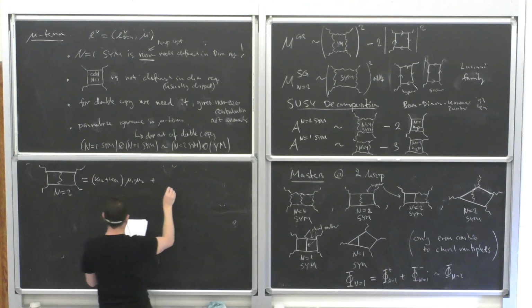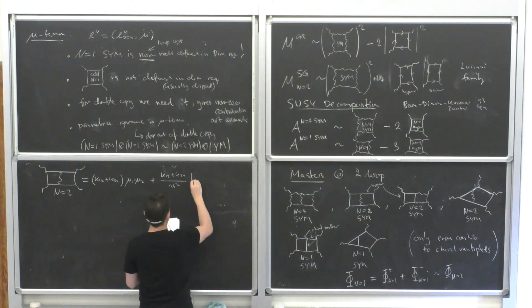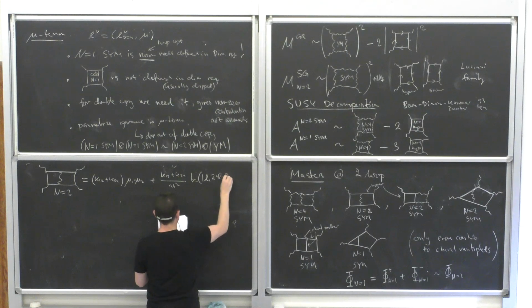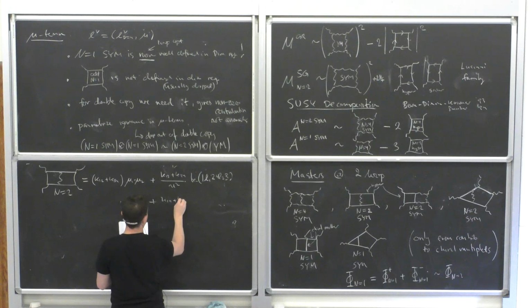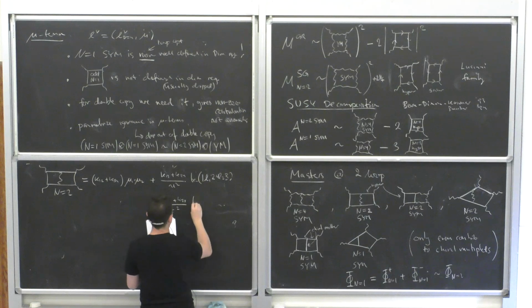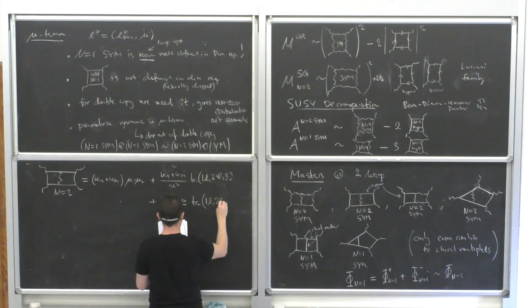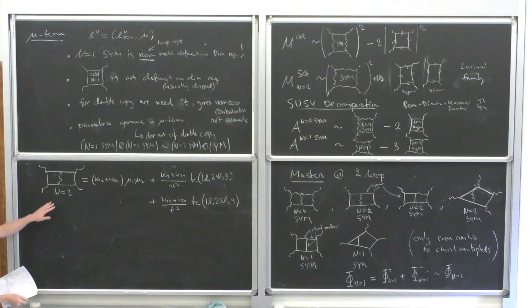So this is the numerator I'm writing down, and this is a chiral trace, a gamma matrix trace. That turns out to be the whole numerator for this N equals 2 double box.